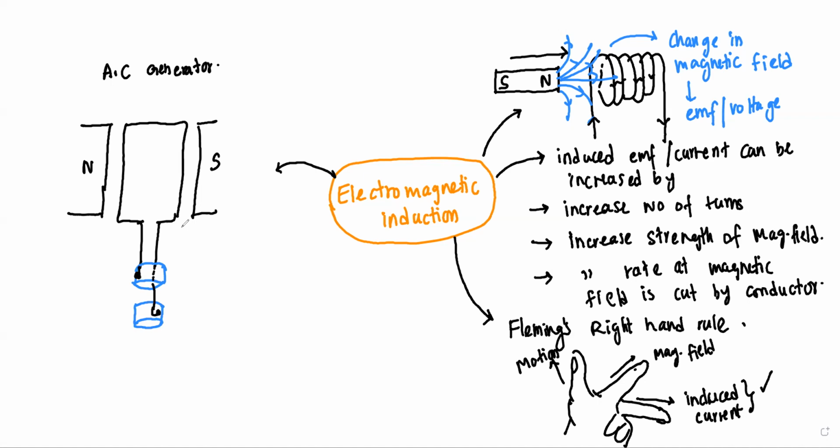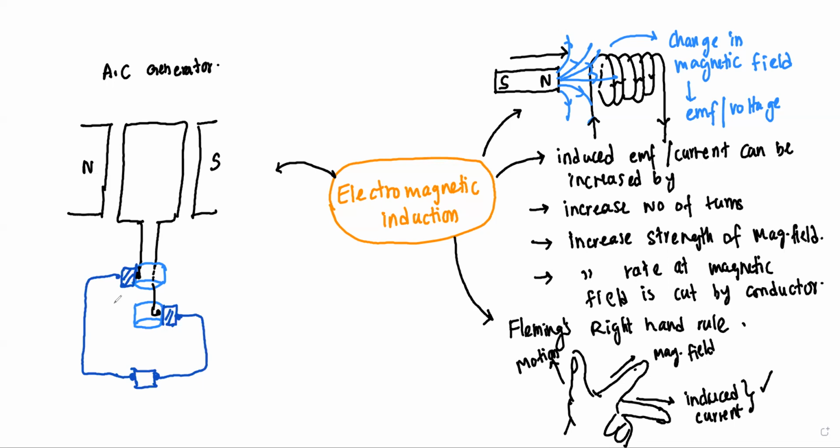So which means two terminals are connected through two slip rings. And this is connected by carbon brushes. The carbon brushes are connected to some output circuit. This can be mainly a transformer in most cases because we want to increase or decrease the voltage.